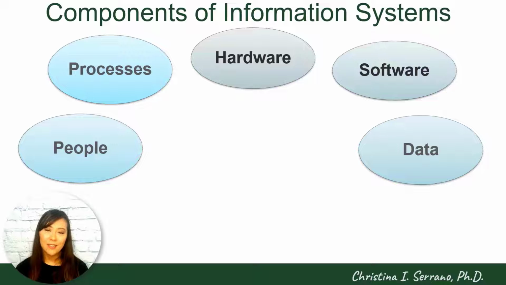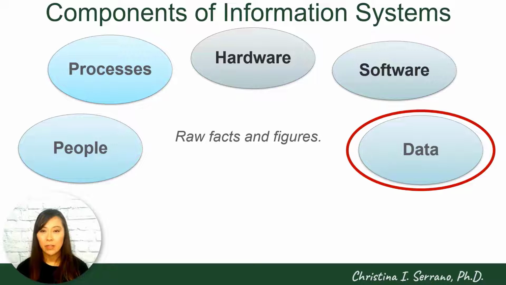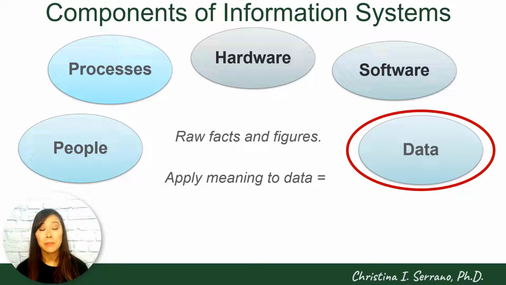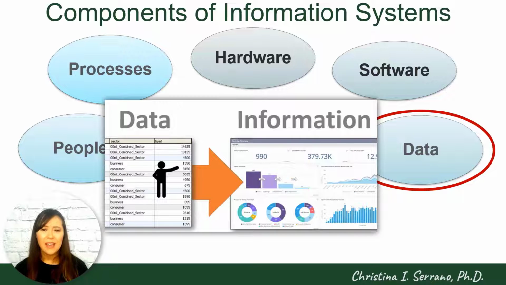I won't necessarily say I saved the best for last, but data is pretty critical when understanding information systems. Data are simply raw facts and figures, but once we apply meaning to data, it becomes information. And information can help answer questions and support decision making.